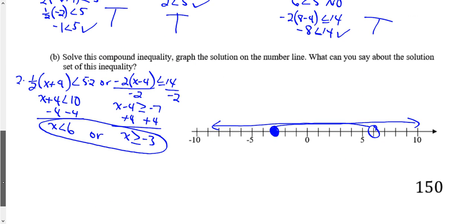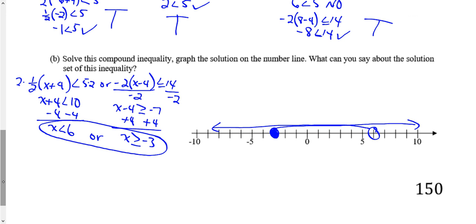What do you notice here, though? This is an or, a disjunction. Did I kind of talk about this yesterday? They overlap, right? So what is the solution set to this inequality? What numbers will make this inequality true? Any of them, anything, right?